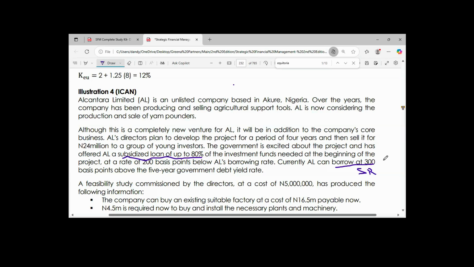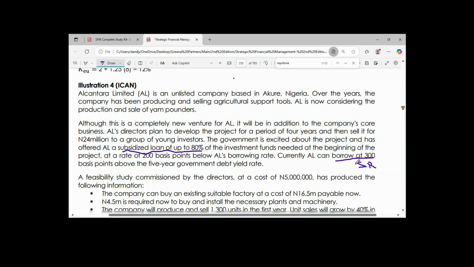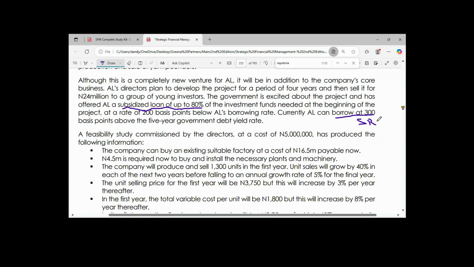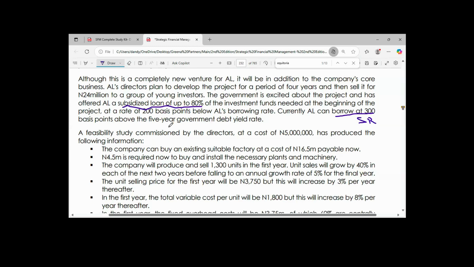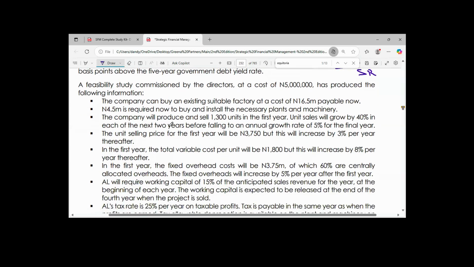4.5 million naira is required now to buy and install the necessary plant and machinery. The company will produce and sell 1,300 units in the first year. Unit sales will grow by 40% in each of the next 2 years before falling to an annual growth rate of 5% for the final year. The unit selling price for the first year will be 3,750, but this will increase by 3% per year thereafter.